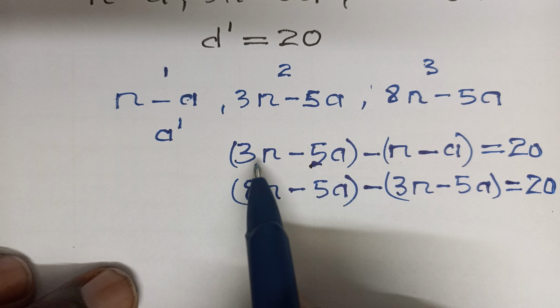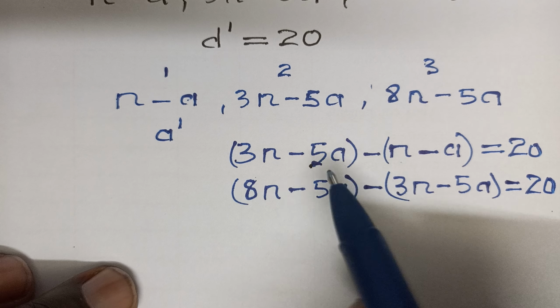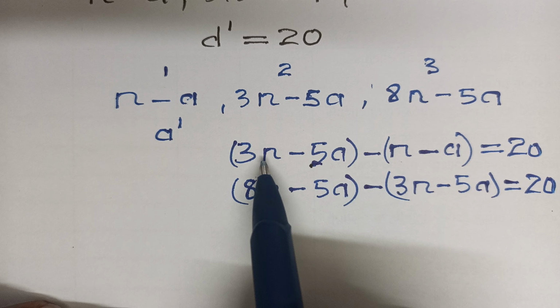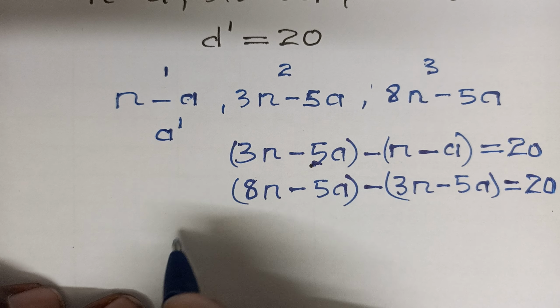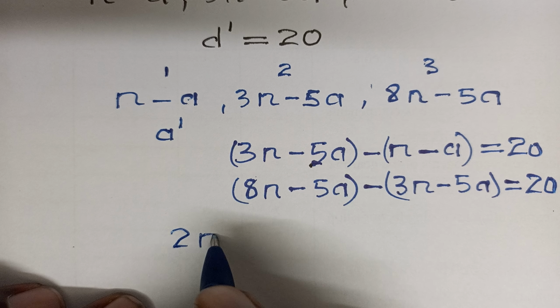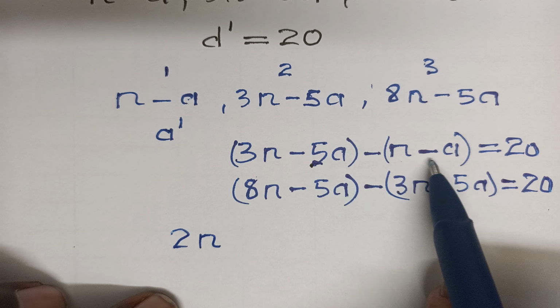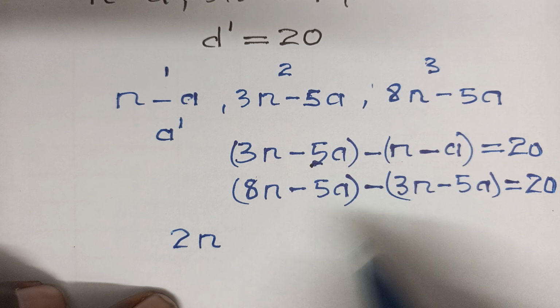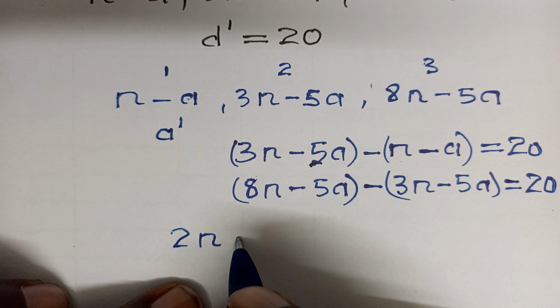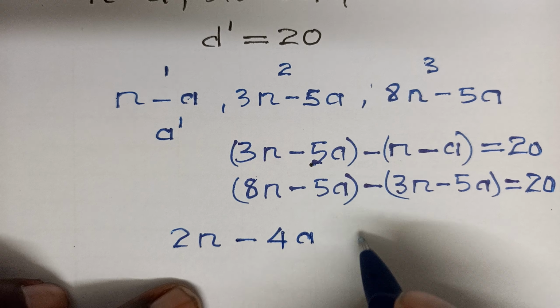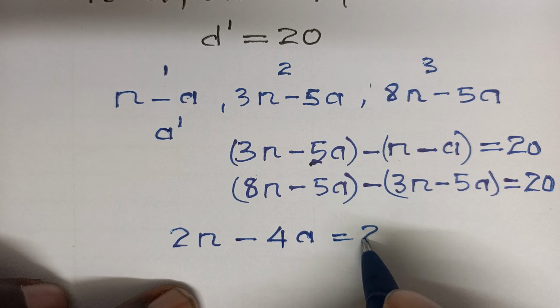This one will come to 3n minus 5a minus n minus a. 3n minus n gives us 2n, and then minus 5a minus minus a, that is minus 5a plus a, gives us minus 4a. So this is our first equation.